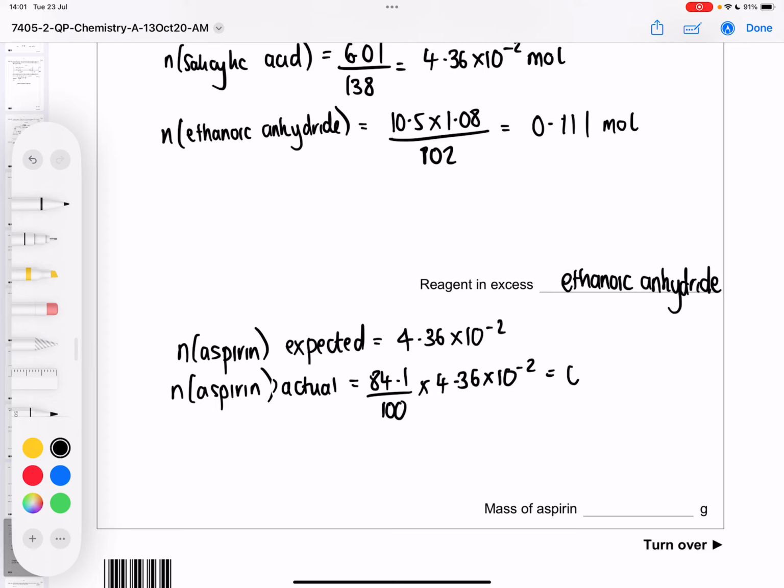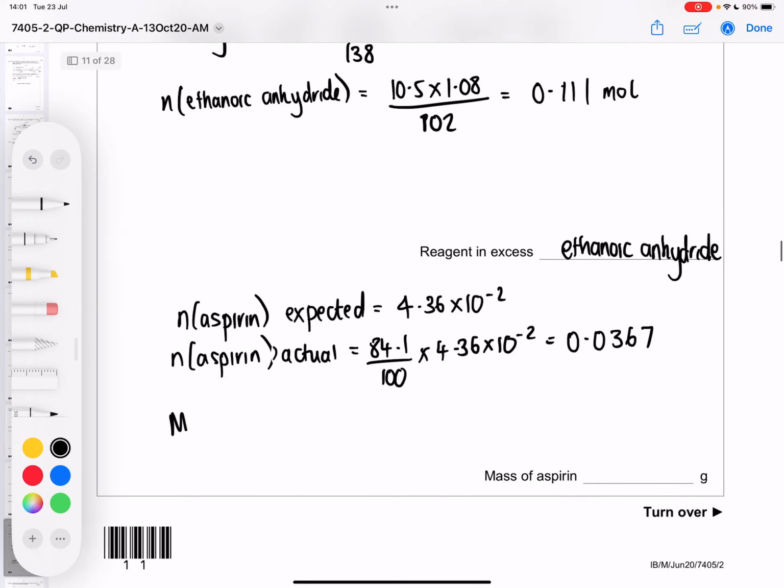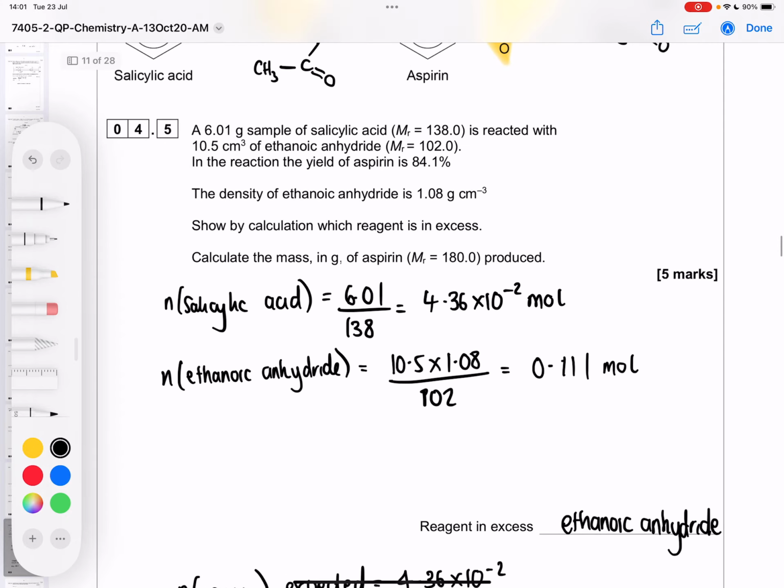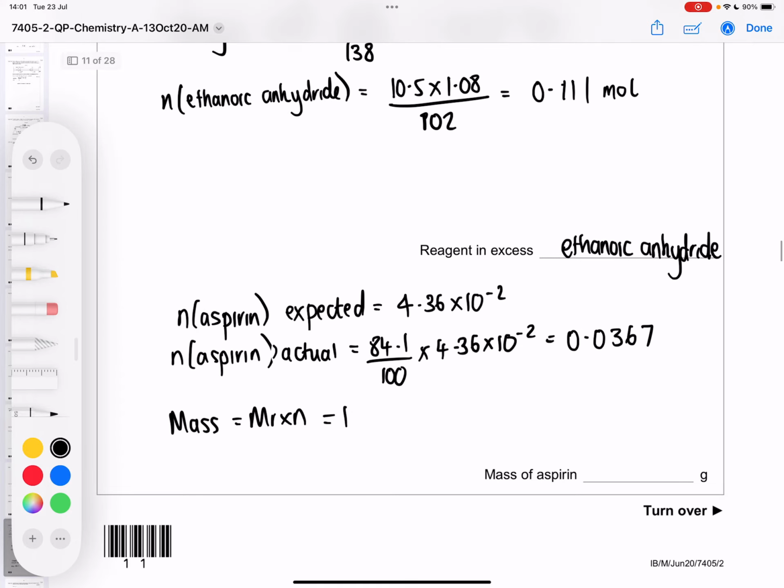So we get that on our calculator, 0.0367. And so the mass is MR times moles. It's given us the MR of aspirin as 180. So we're getting 6.60 grams.